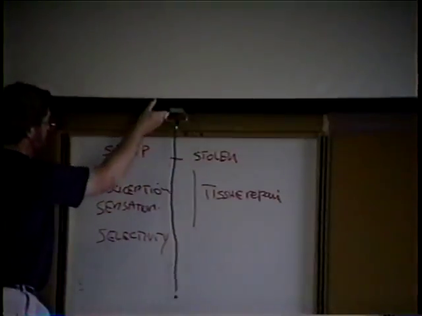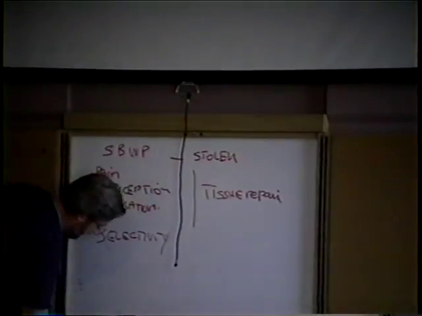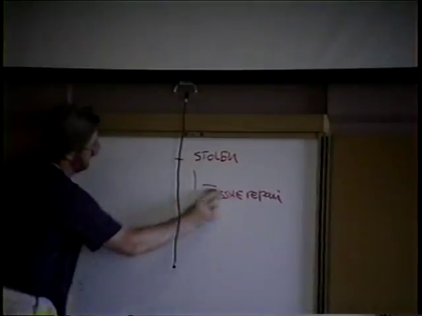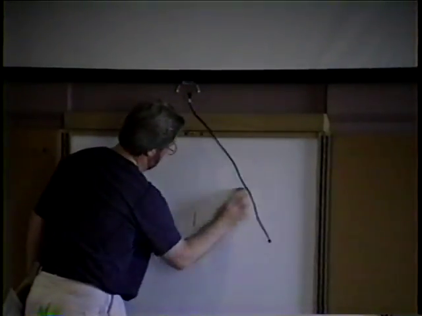So to recap this a little bit, perhaps that will help. If we have an injury, the prostaglandin will go up and the substance P will go up.